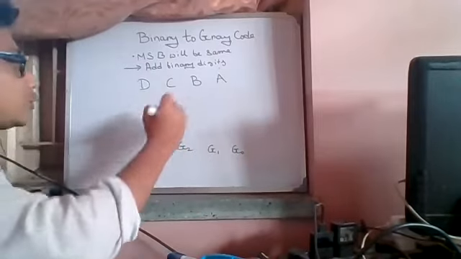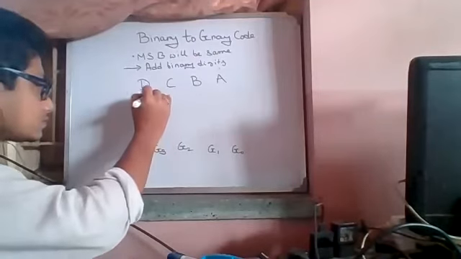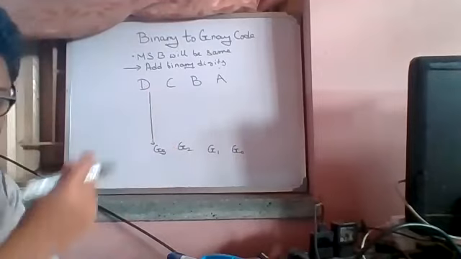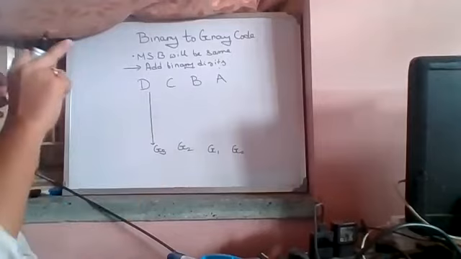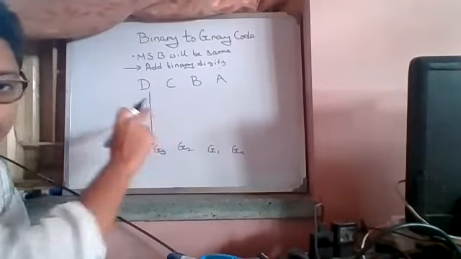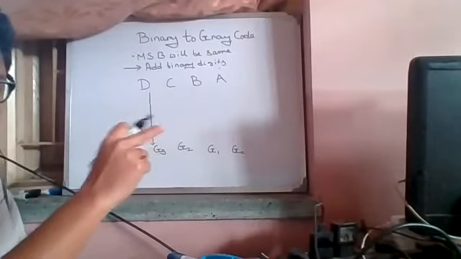My rule was MSB will be the same, so this is my MSB for binary, it will come as it is. Now I was adding each binary digit to get the next Gray code digit.